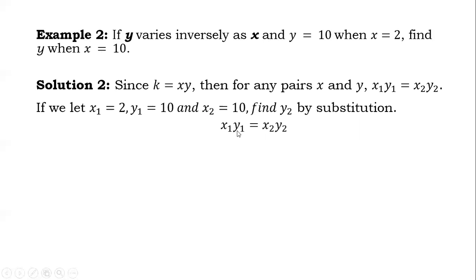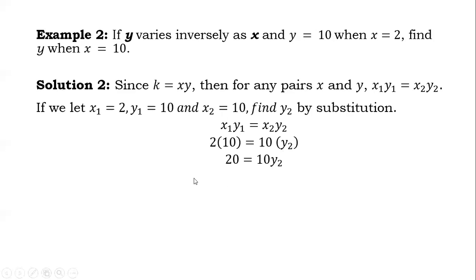So using this formula, x sub 1 times y sub 1 is equal to x sub 2 times y sub 2. So you can just simply substitute and find the value. So we have here the value of x sub 1, which is 2, times y sub 1, which is 10, is equal to 10 as the value of x sub 2, then times y sub 2. So multiply 2 times 10 is equal to 20, and then 10 y sub 2.